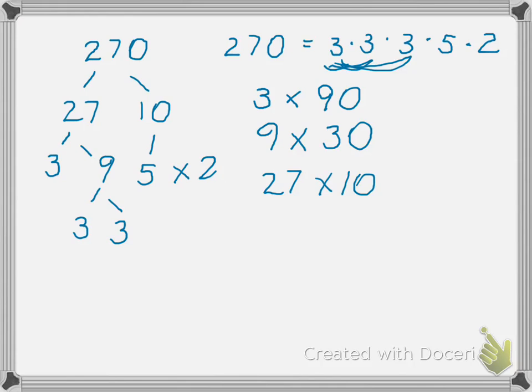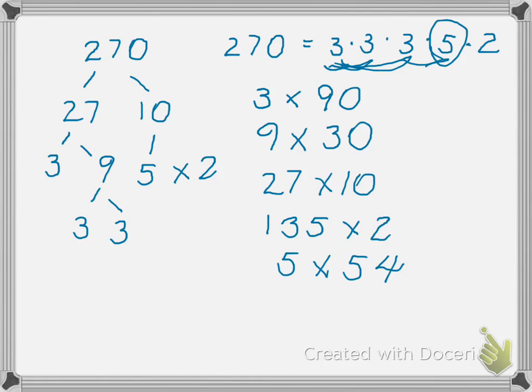And then I have 27 times 5, which is 135, times 2, that's 270. And finally, don't forget, there's also this combination, 5 times all of the others, 5 times 54, which is also 270.